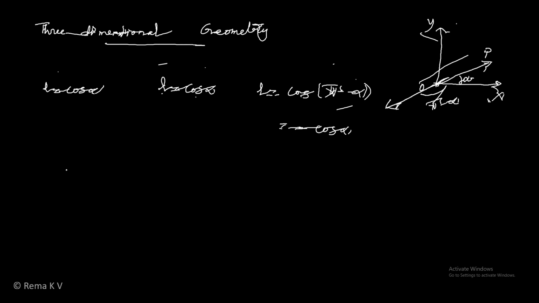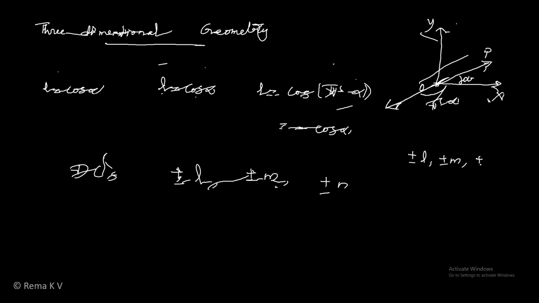Okay, so therefore the direction cosines are plus or minus L. Similarly, plus or minus M and plus or minus N. Okay, the direction cosines are plus or minus L, plus or minus M and plus or minus N.